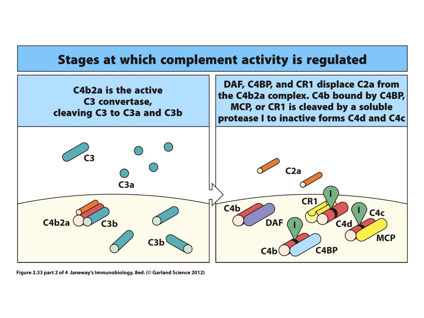So even though this can be a spontaneous activation, or you see here the result of the classical or the MBL pathway, DAF, factor I, can still get in there, interfere, and disassociate that complex. That complex disassociates, then no C5, no C6, 7, 8, 9 becoming activated.